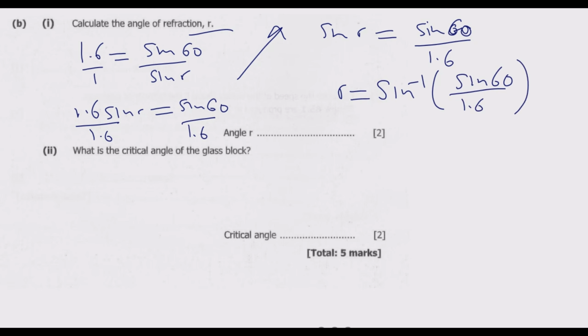At this point you can use your calculator, and we end up with 32.77 degrees, which rounded off gives 32.8 degrees. That's the value of r.